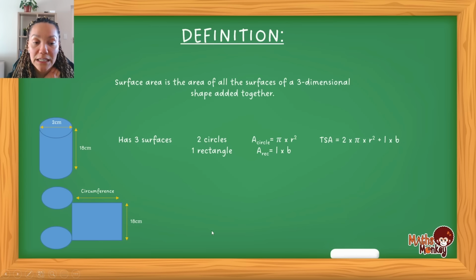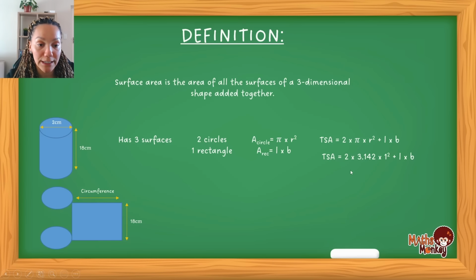So let's have a look at calculating the total surface area. Like I said, we've got two circles, so it's 2 multiplied by pi times radius squared, for the top and the bottom circle, plus length times breadth. Take note, we're calculating the area of all the surfaces.